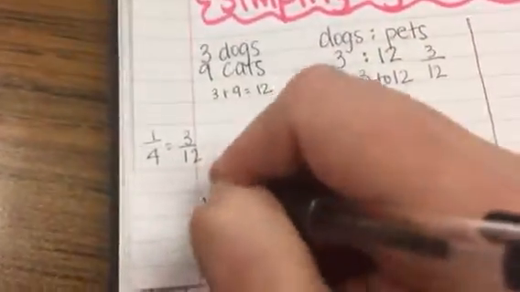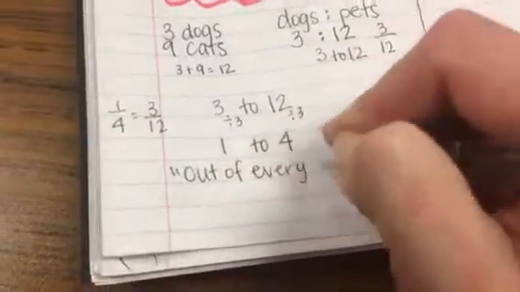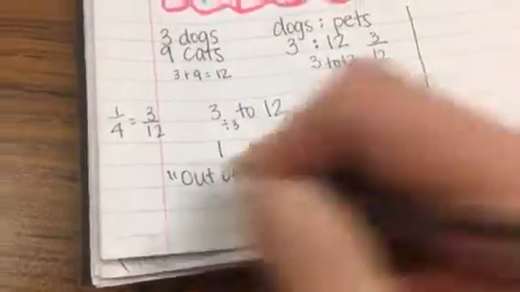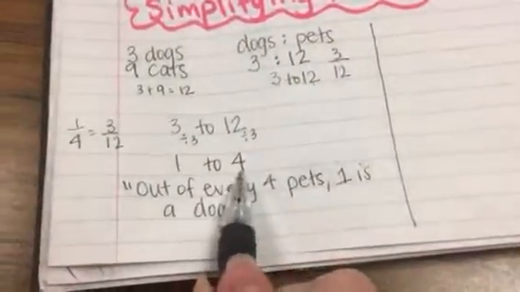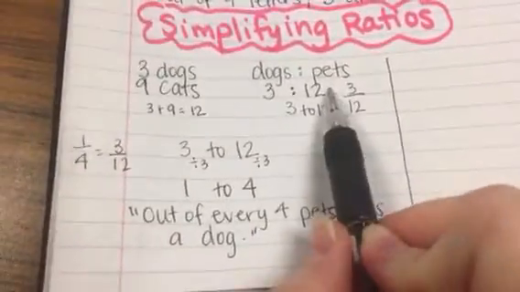So what this means is out of every 4 pets, 1 is a dog. Out of every 4 pets, 1 is a dog, because we compared dogs to pets.